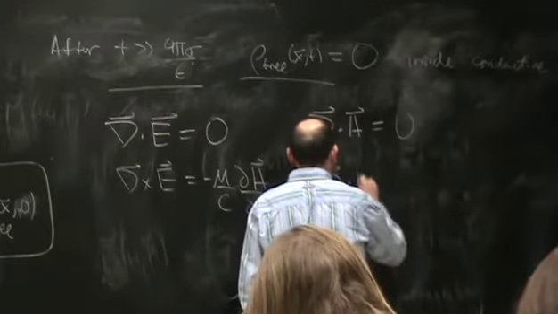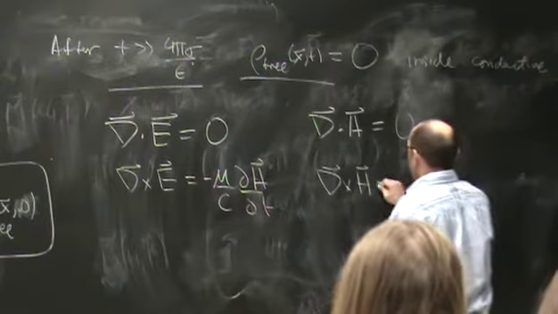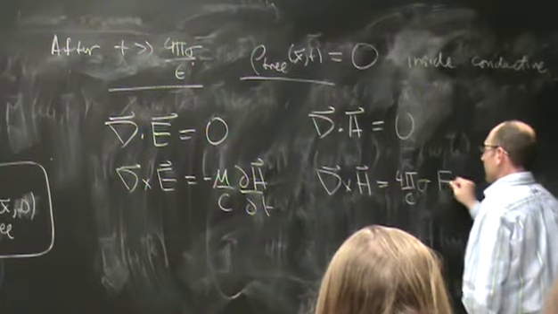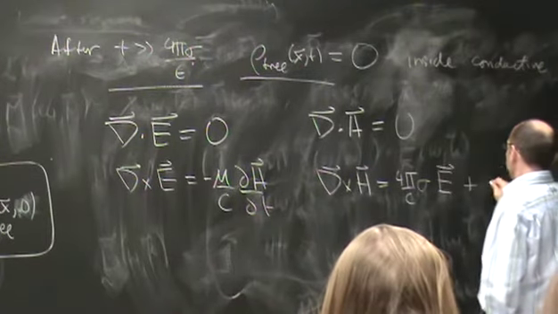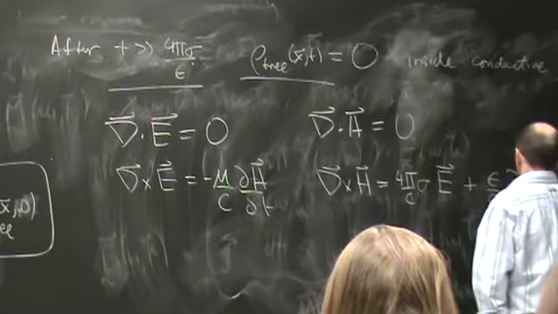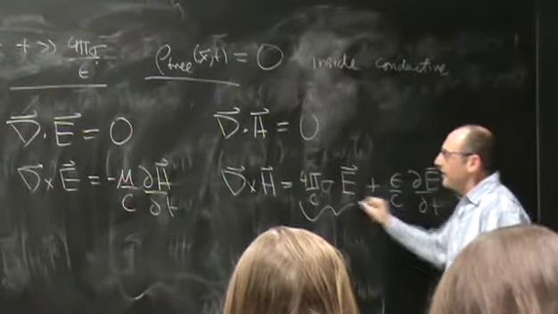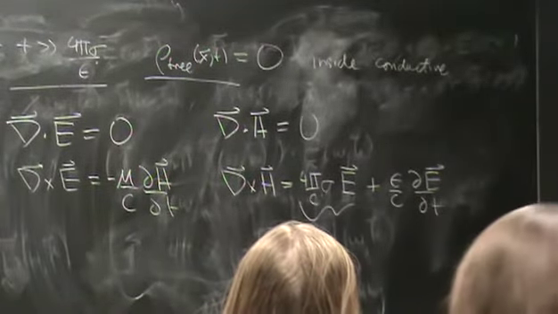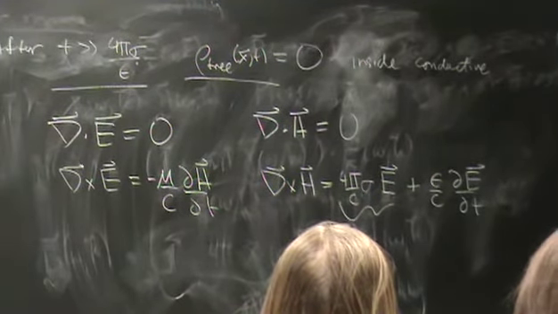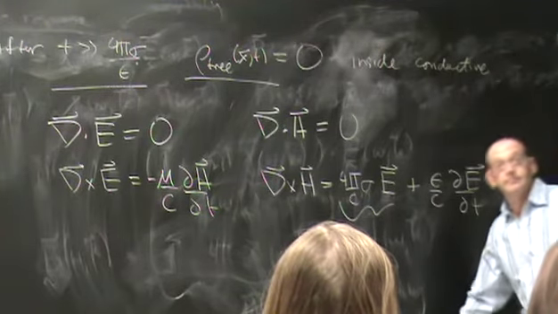But now we have conduction current, which was J free is sigma E, plus epsilon over c dE/dt. So what we have modified now is the addition of a term that came from the free current density, which according to Ohm's law is sigma E. All right? That's the addition to Maxwell equations.